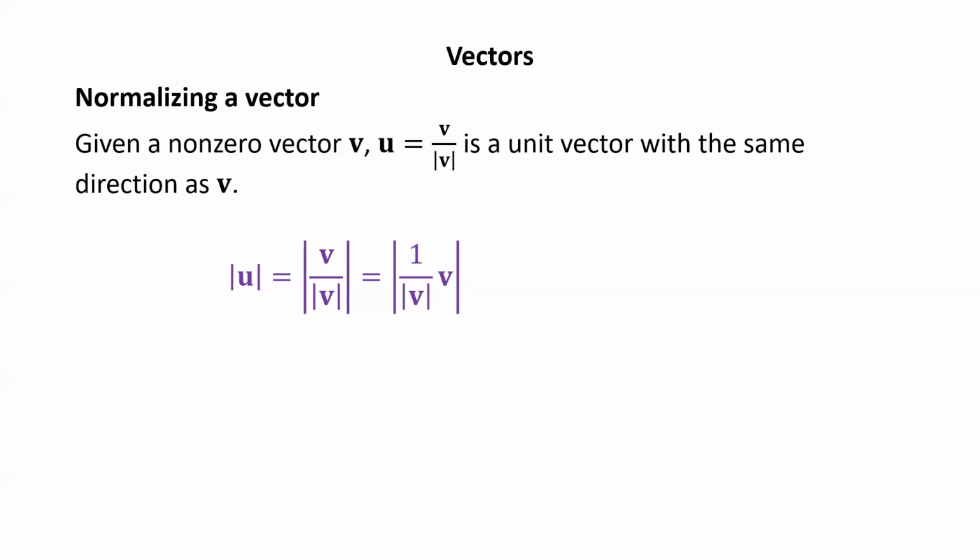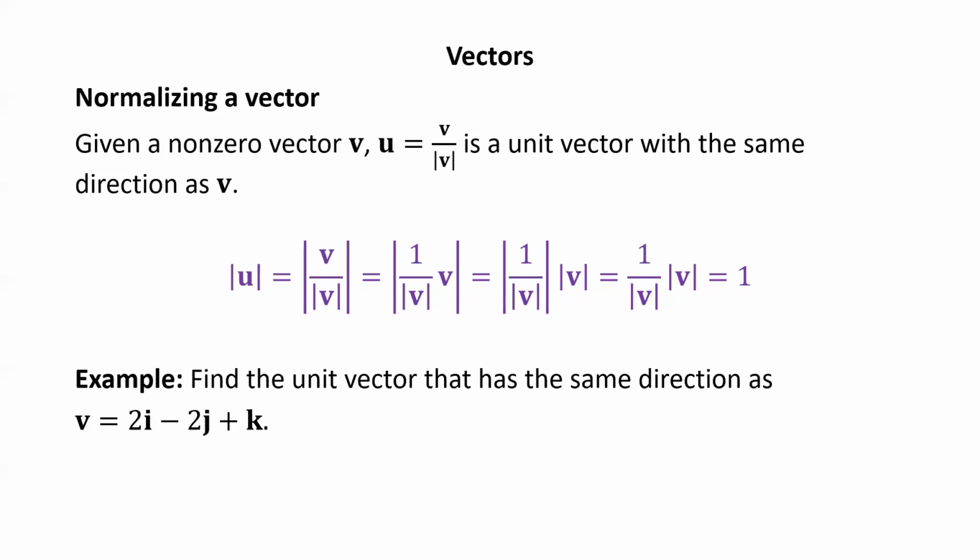And using the rule we just used recently, we could write that as the absolute value of 1 over length v times length v. Now, the length of v is always a positive number because the vector we're given here is non-zero. So we could just remove the absolute values. And then we see that we get 1 when we multiply these two quantities together.